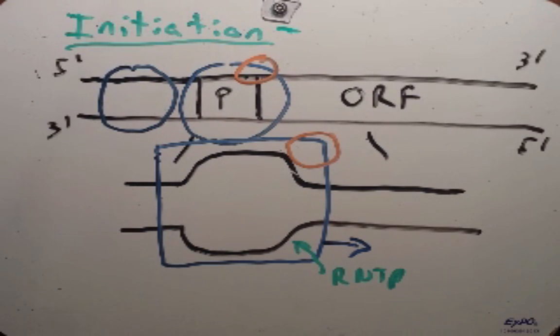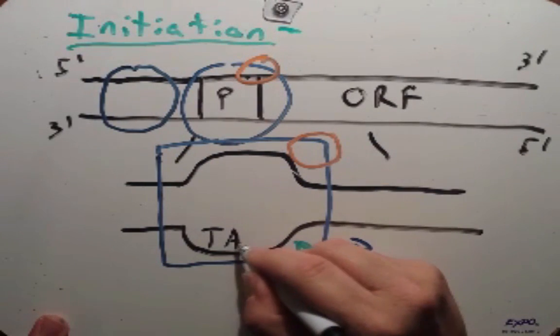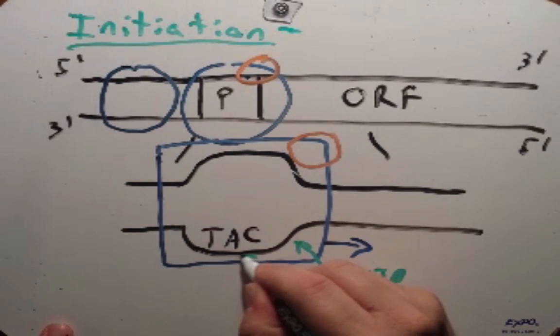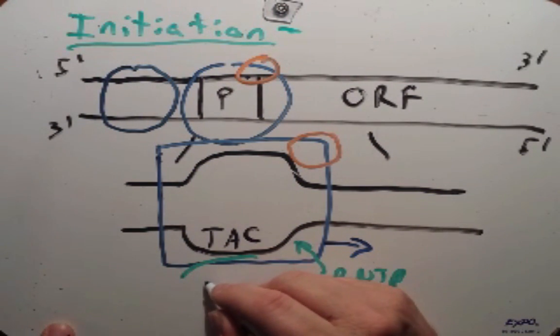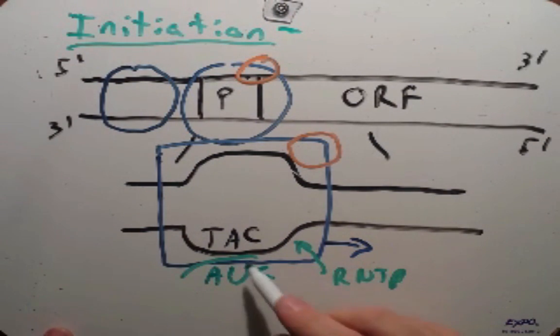Again, in a complementary manner. So if we had on the DNA something like TAC, the RNA that's going to be produced here will eventually be an AUG. It still has to be complementary, following Chargaff's rules.